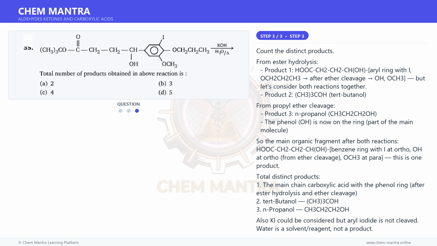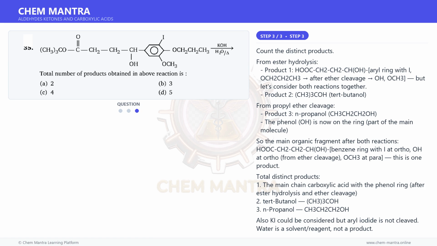From propyl ether cleavage, Product 3, n-propanol, CH3CH2CH2OH. The phenol, OH, is now on the ring, part of the main molecule. So the main organic fragment after both reactions has the benzene ring with I at ortho, OH at ortho from ether cleavage, and OCH3 at para. This is one product.